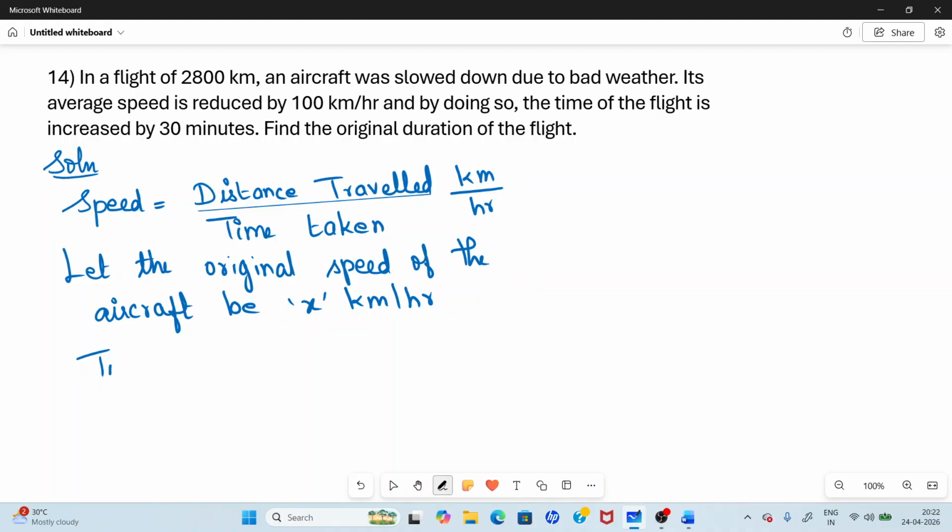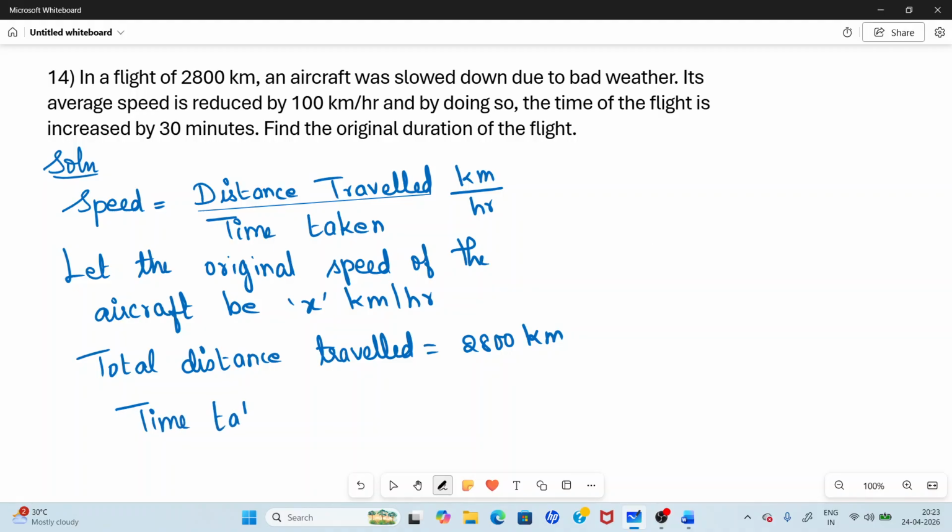Here the total distance travelled equal to 2,800 kilometer. So that is given in the question. So we know that speed equal to distance travelled by time taken. From this, time taken equal to distance travelled by speed.